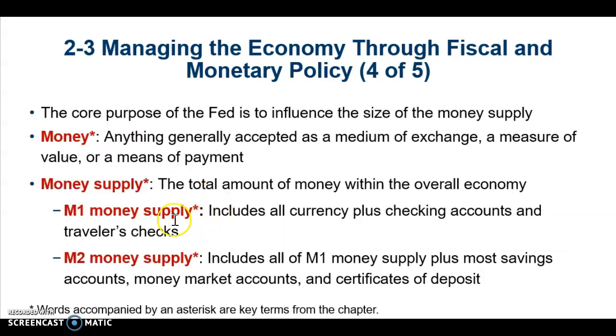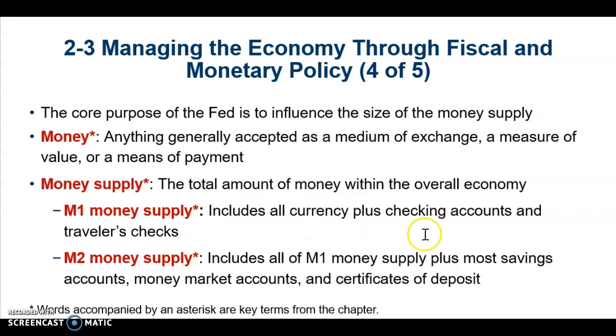Then we have some terms about money. Money is anything accepted as a medium of exchange, a measure of value, or a means of payment. The total amount of money within the overall economy is called the money supply. We have the M1 money supply, which is all currency plus checking accounts and traveler's checks.